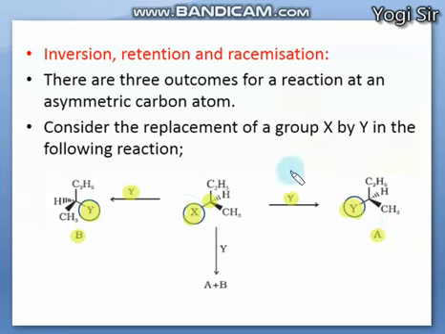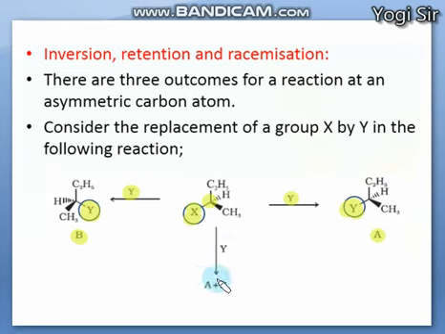In A, the original configuration, the original isomerism, is similar to the starting material, while in this step the B product is the inverted product as compared to the starting material, or you can say the isomerism of B is different or opposite as compared to A, that is the starting material.